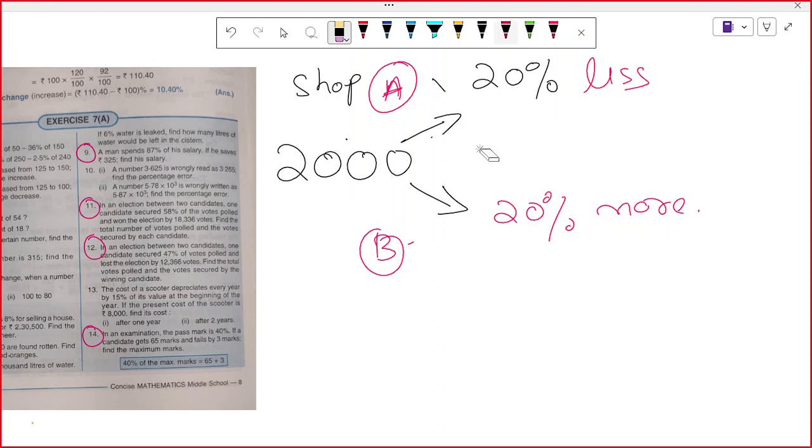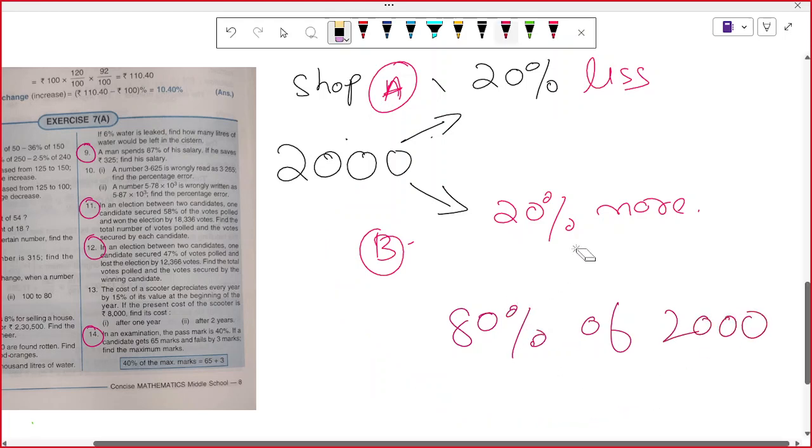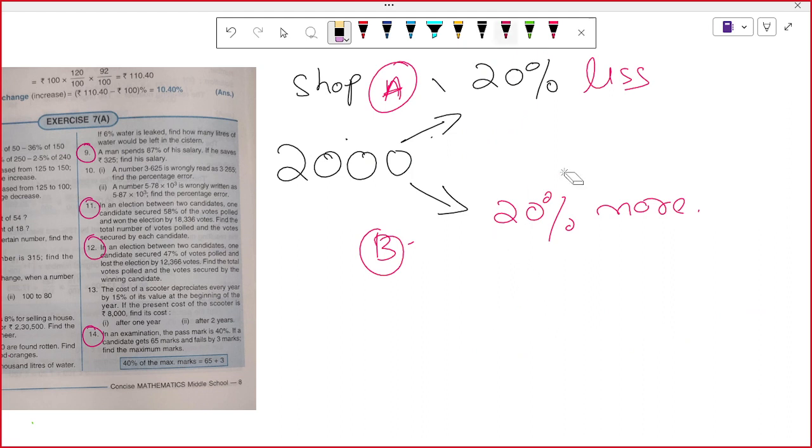What you told was correct. 80% of 2000, or you can first find 20% of 2000 and reduce it. There are two methods. But the answer should be in rupees.